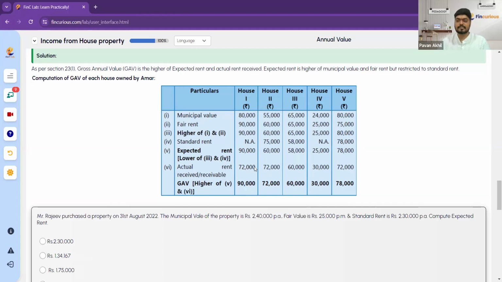So sometimes you can see here, actual rent received is lesser than the expected rent, correct? So this Amar wants to show the amount which is less than the expected rent. That is not possible. So that is why the gross annual value should be taken as the higher of expected rent and actual rent received.